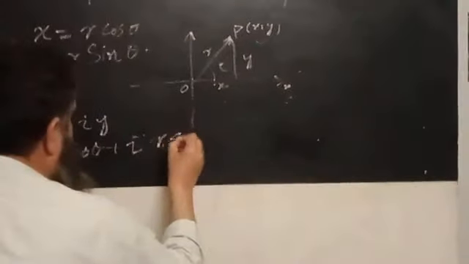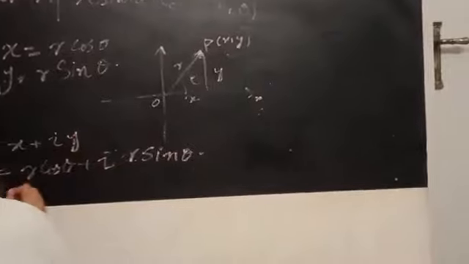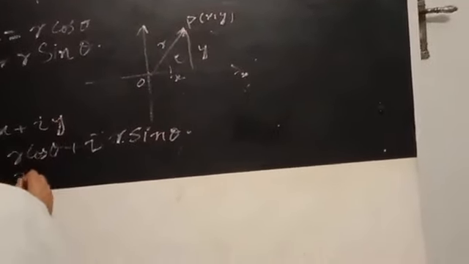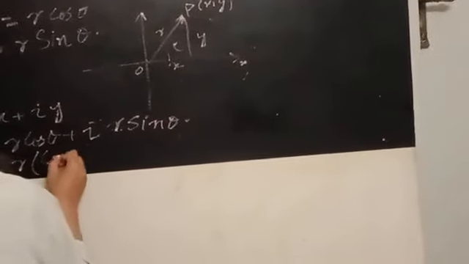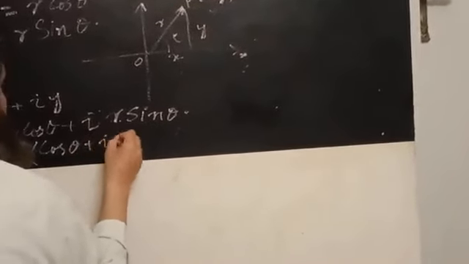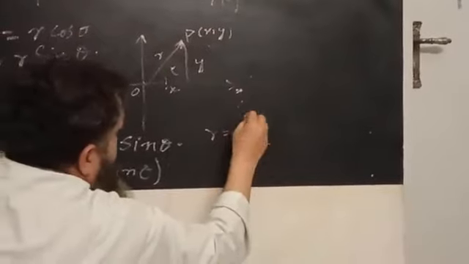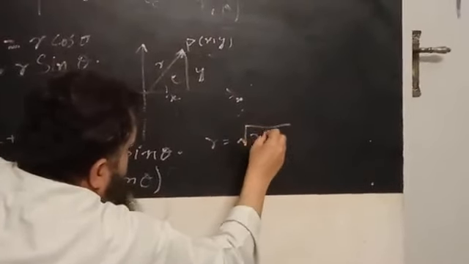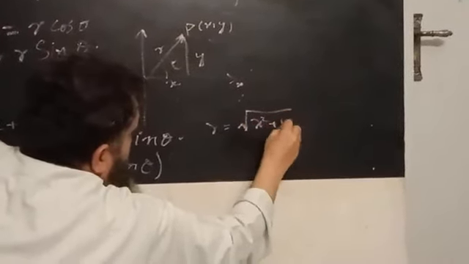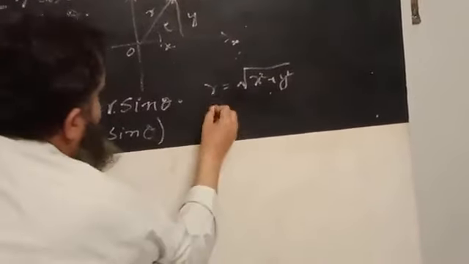We can write it as r into (cos theta plus iota sin theta), where r is equal to modulus of the complex number and is equal to square root of (x square plus y square), and theta is the argument of complex number.